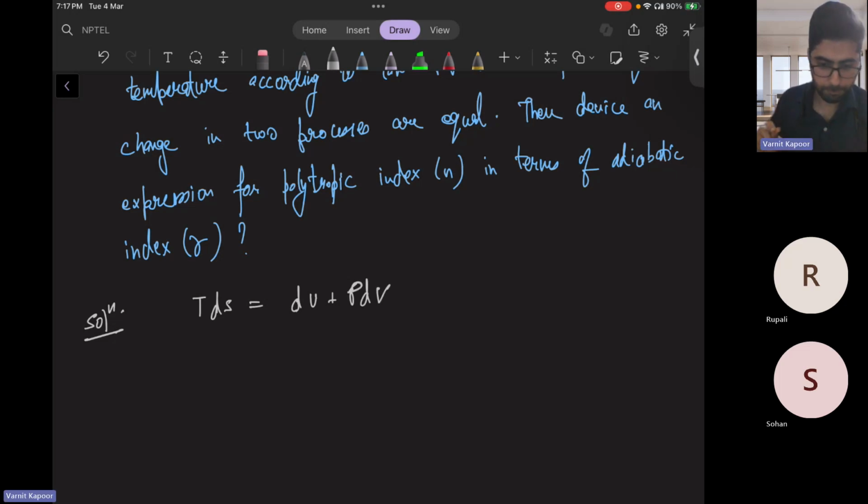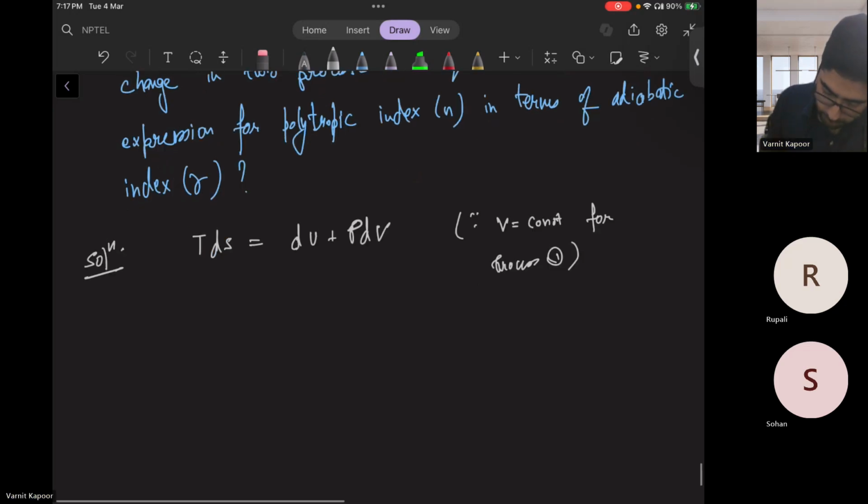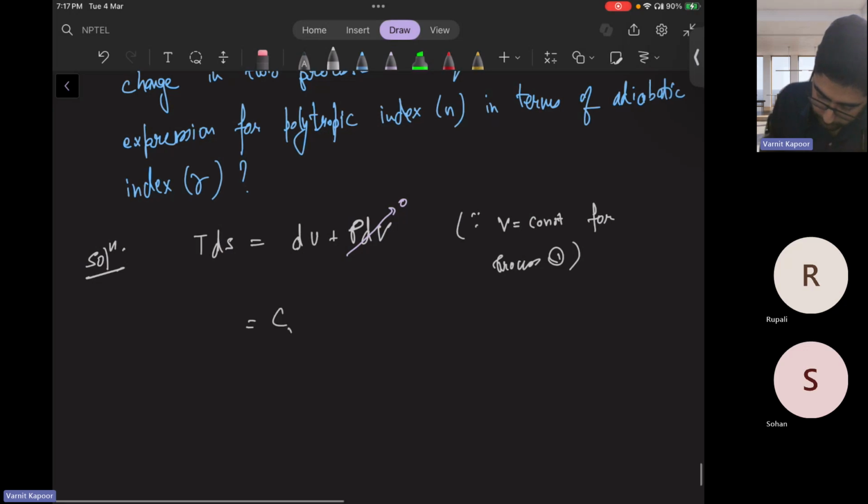So for process 1, which is a constant volume process, since V is equal to constant, dV comes out to be 0. So dU is Cv dT and it is TdS.